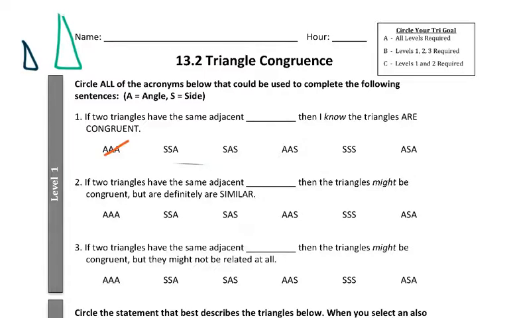Now, if two triangles have the same side and angle, do we know that they're congruent? Well, let me see if I can draw an example here. If I have the same side and an angle, like this, so I did this side, and then this angle. Can I make another triangle with the same side and angle? Well, it looks like I might be able to do something like this.